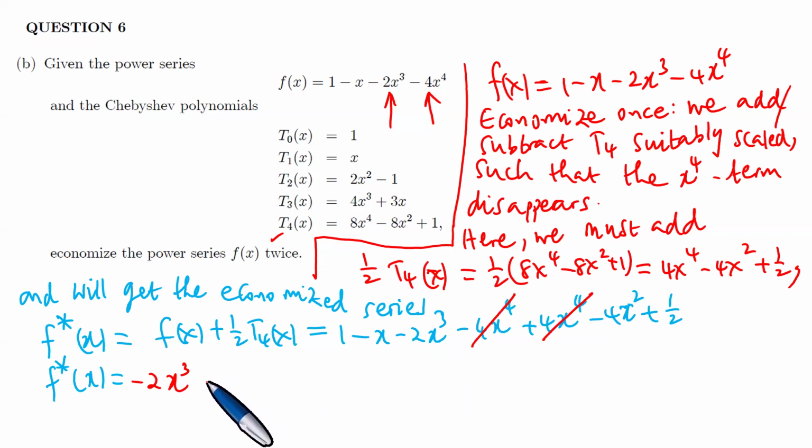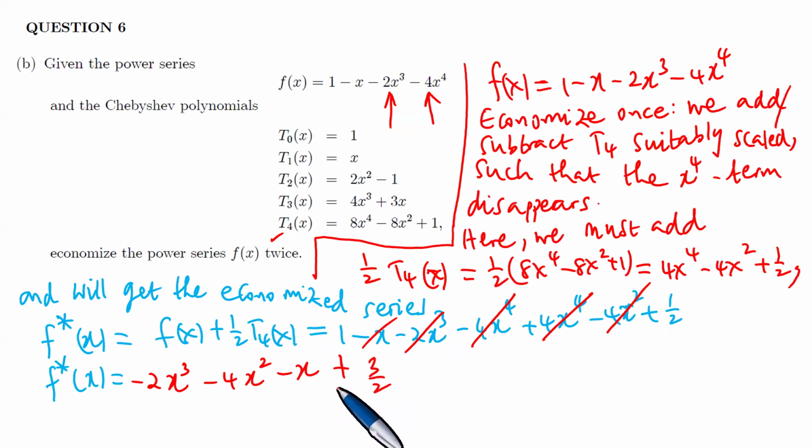Minus x minus 4x squared minus x. This and that minus x. 1 plus 1/2 is 3 out of 2. So what do we then do?